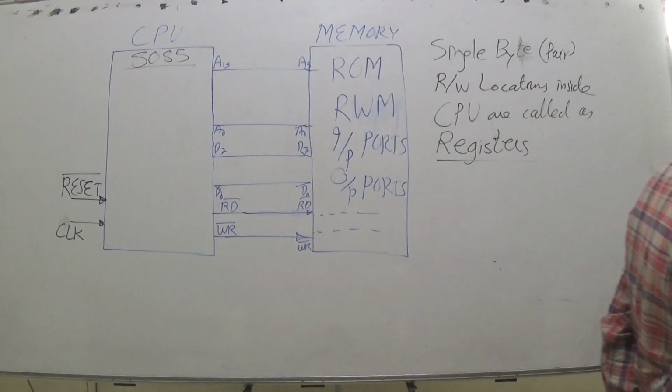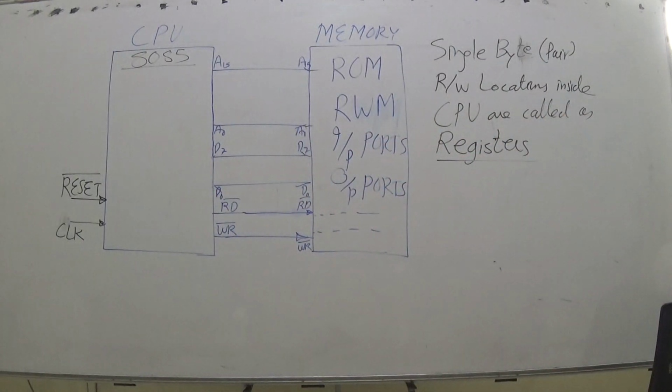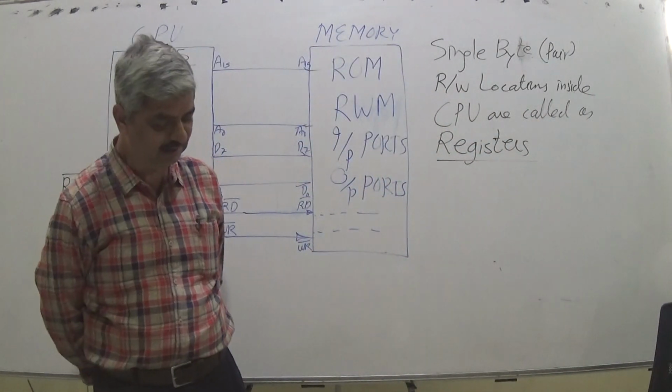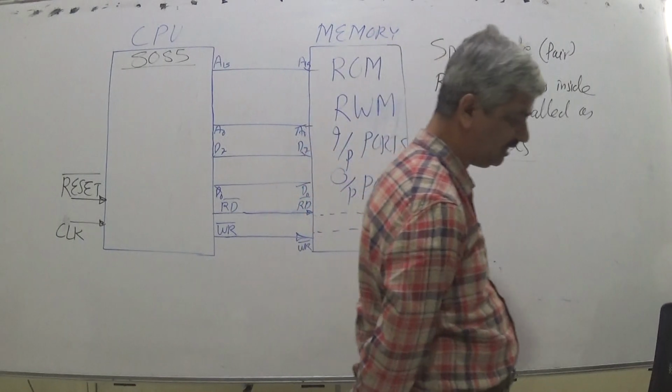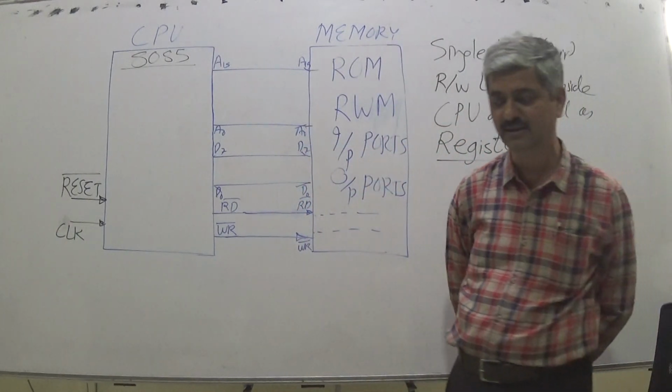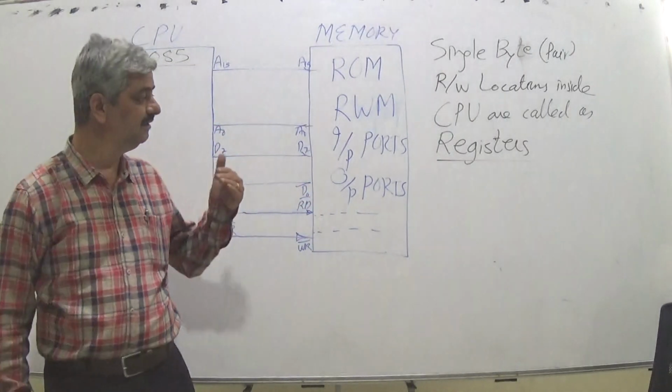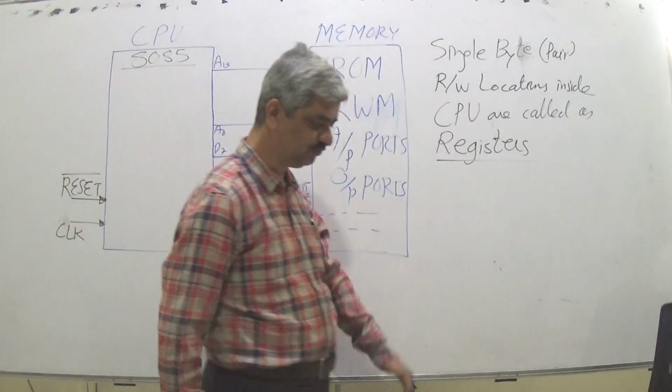So what is expected out of a microprocessor? The working of a microprocessor, if it is to be meaningful for the user, must be using input ports and output ports.